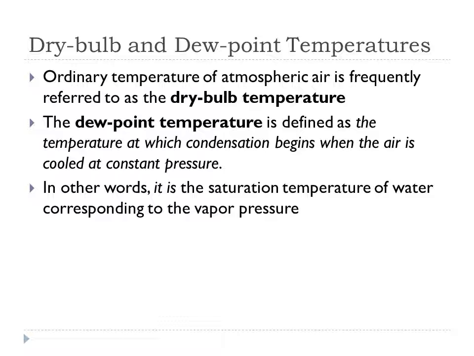So these fine droplets are called dews. That's why the name is dew point temperature. In other words, we can also say that dew point temperature is the saturation temperature of water corresponding to its vapor pressure.